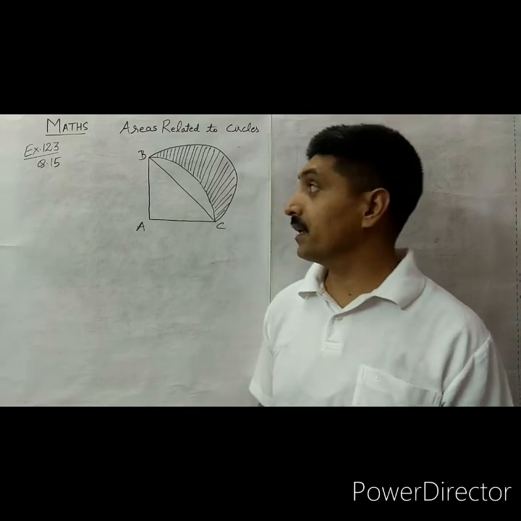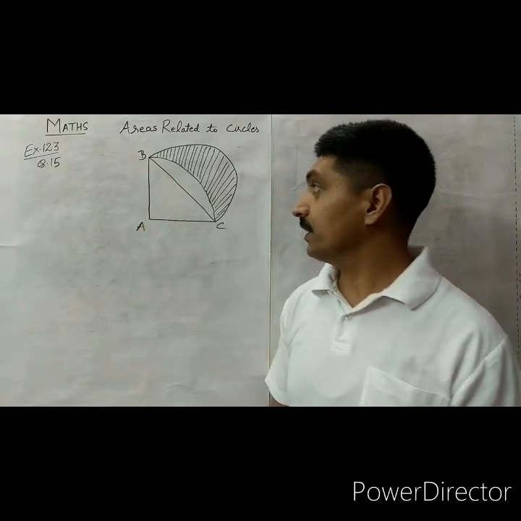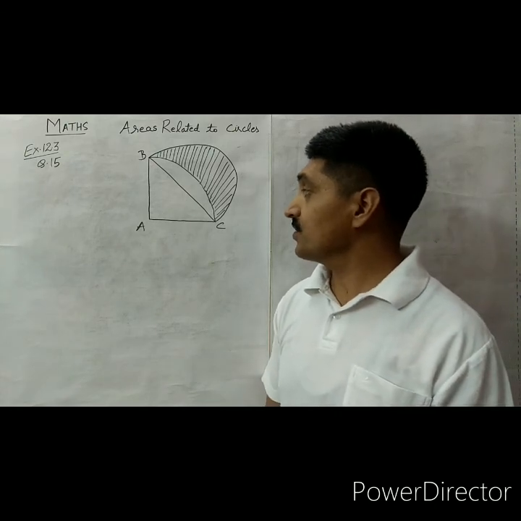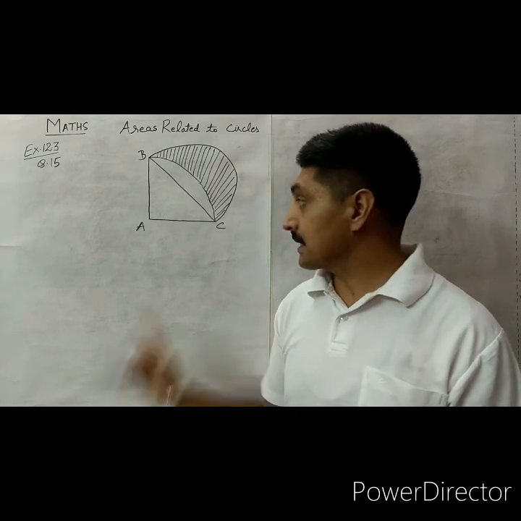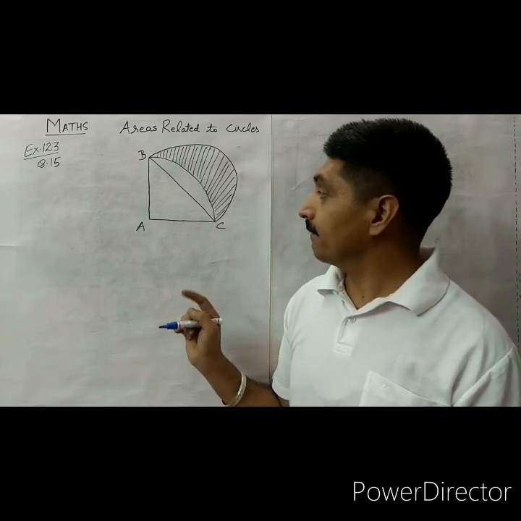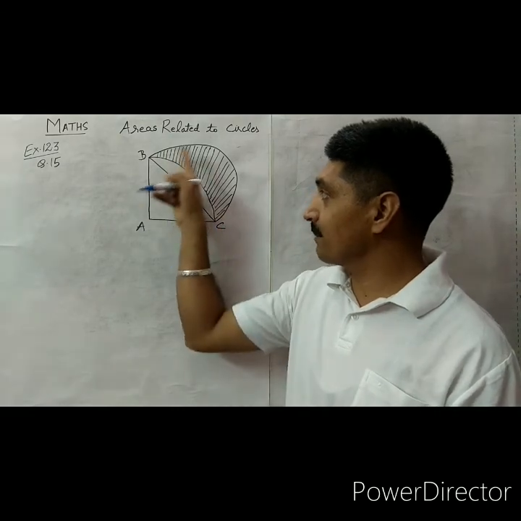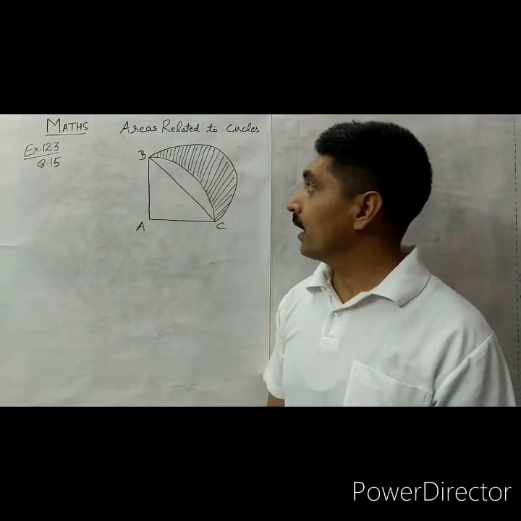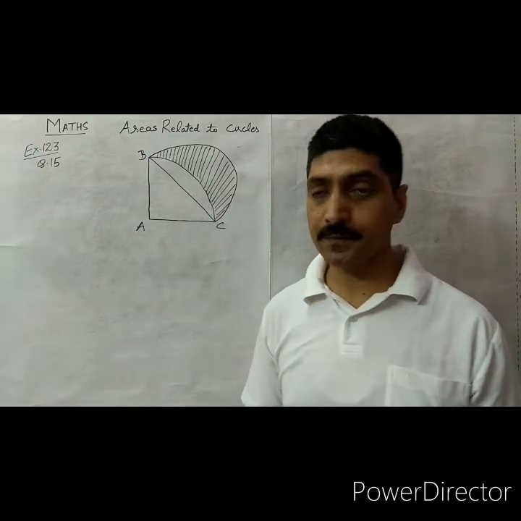Question number 15 here. A quadrant ABC is given, in which the radius is given 14 centimeter and BC as a diameter a semicircle is drawn, and we have to find the shaded area here.